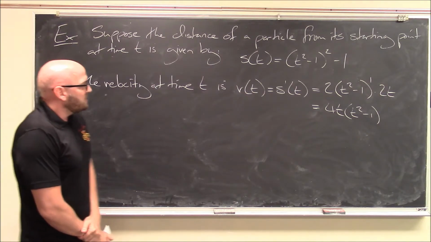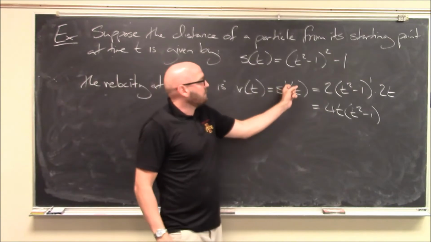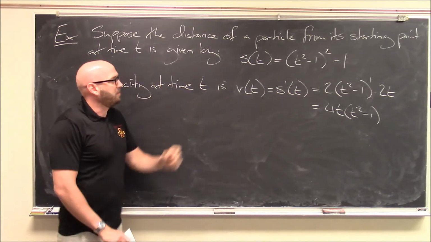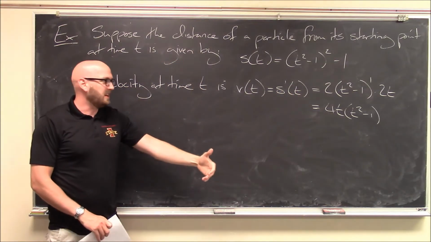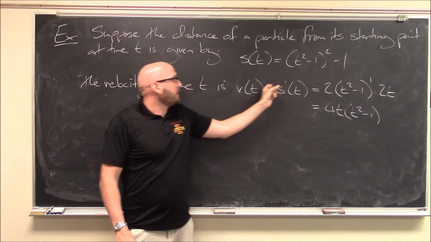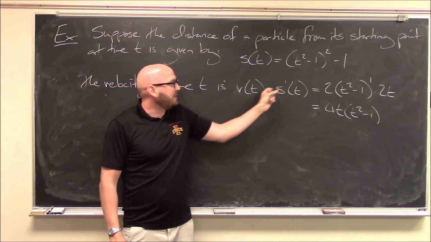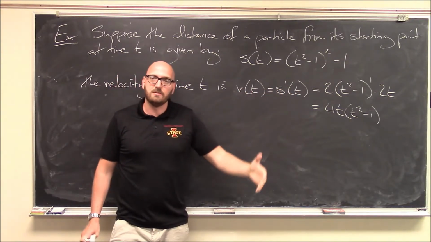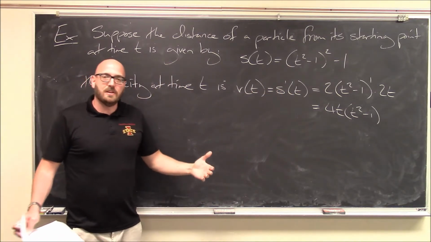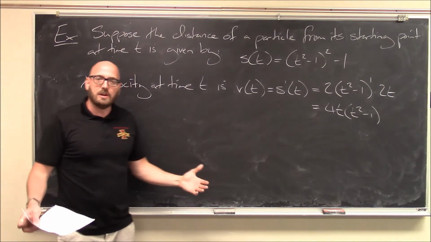But what if I differentiate it again? What if I took the second derivative of position? The rate of change of the rate of change. Well, the second derivative would be the rate of change of velocity, right? Second derivative of s would be first derivative of v, so the rate of change of velocity. What's the rate of change of velocity physically? It's your acceleration, right?